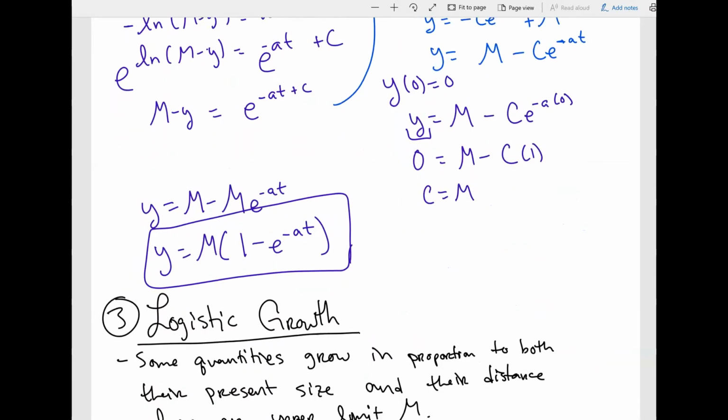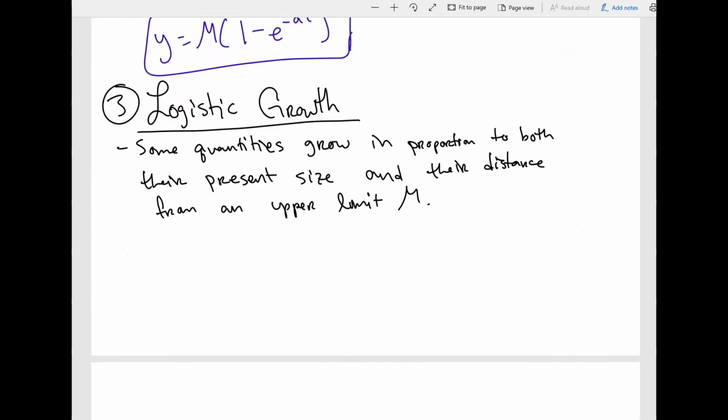In logistic growth, it's saying that now I have a present size and I also have a maximum. So my differential equation incorporates the present size, that's the unlimited growth, and also my limited growth. So both of them are comprised together.